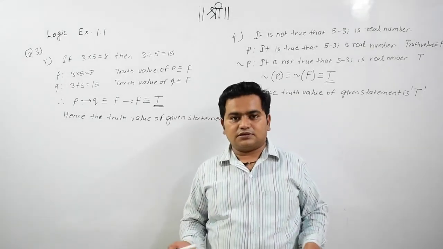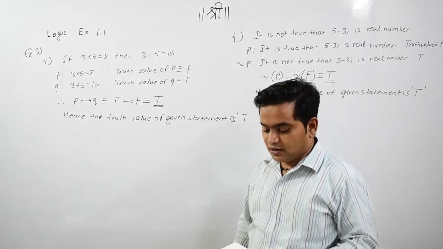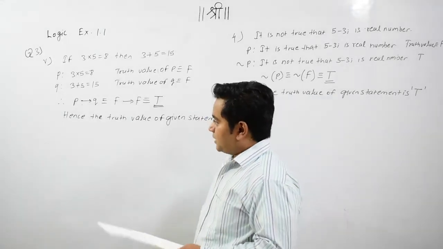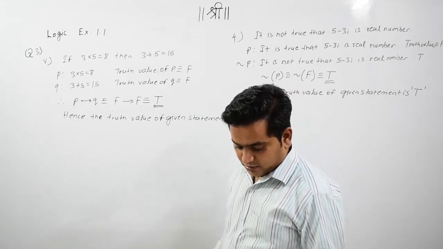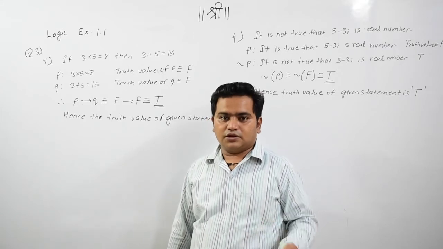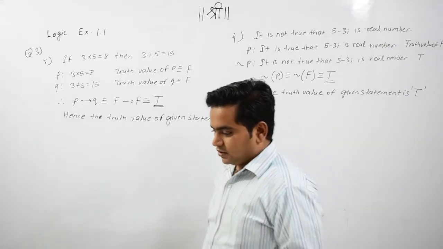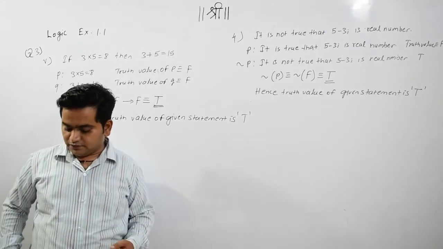All of you know that 17 is a prime number, no one can divide 17, that's how a prime number is defined. So both are true, and the disjunction of true and true is nothing but true. Therefore again it has the true value.